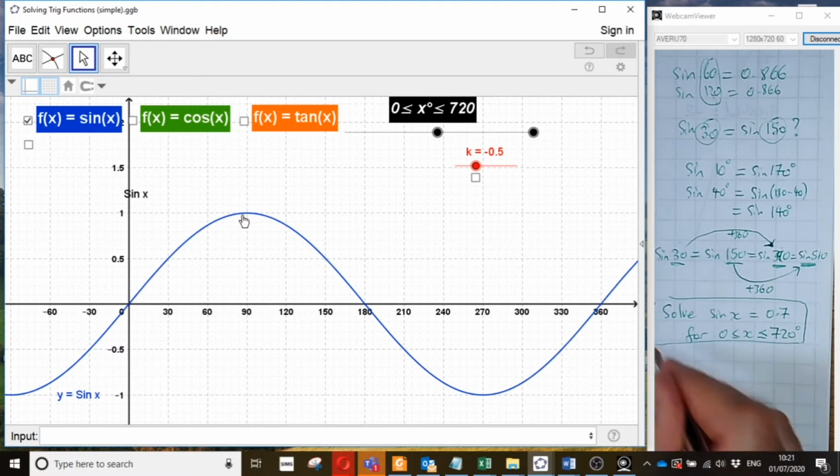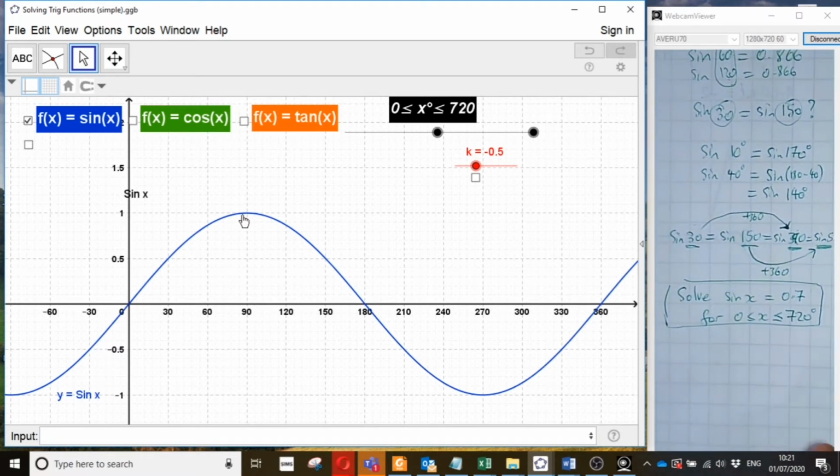Okay, I'm going to need my calculator for this, and I'm going to need the graph. Okay, what this is saying is find all the angles that sine to give 0.7, and find all of the angles that are bigger than 0 and less than 720. So I want to know which angles sine to give 0.7.